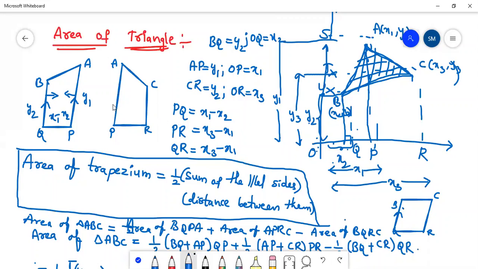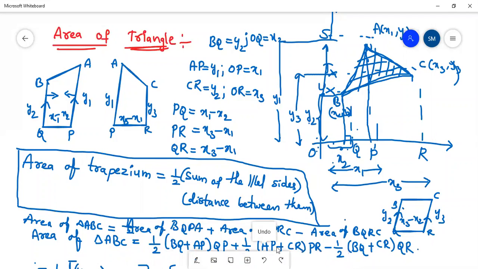In the same way, AP distance is y1, CR distance is y3, and the distance between them is OR minus OP, that is x3 minus x1. And BQ distance is y2, CR distance is y3, and the distance between these two parallel sides is x3 minus x2.